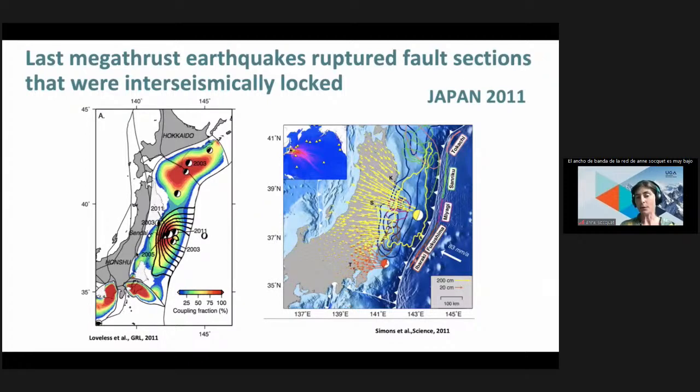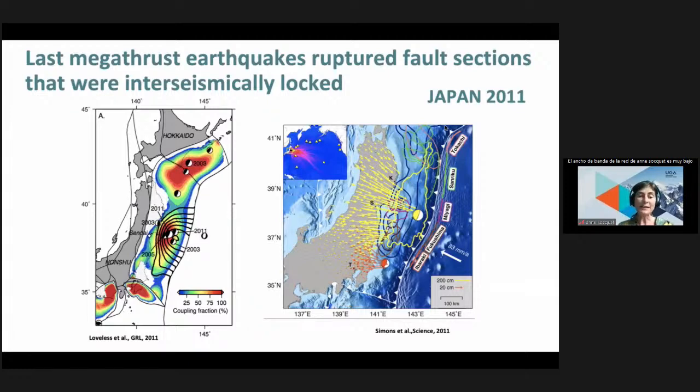There were quite a lot of GPS campaigns. This is a paper by Marianne Metois, a former PhD student, published in 2012. Here we show the interseismic loading in the Maule segment, measured before the earthquake.